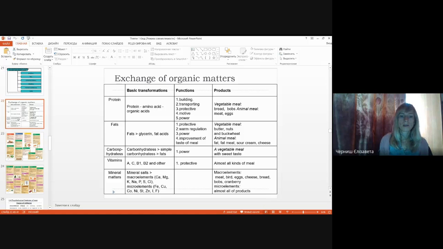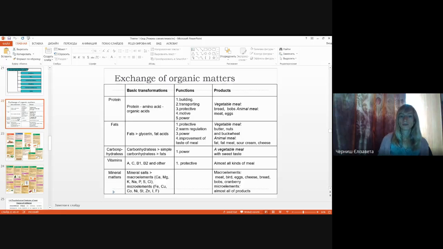Some products, unfortunately, have a very harmful impact, and we need to understand what ration of nutrients we have, and how it impacts the function of our organs and our organism in general.